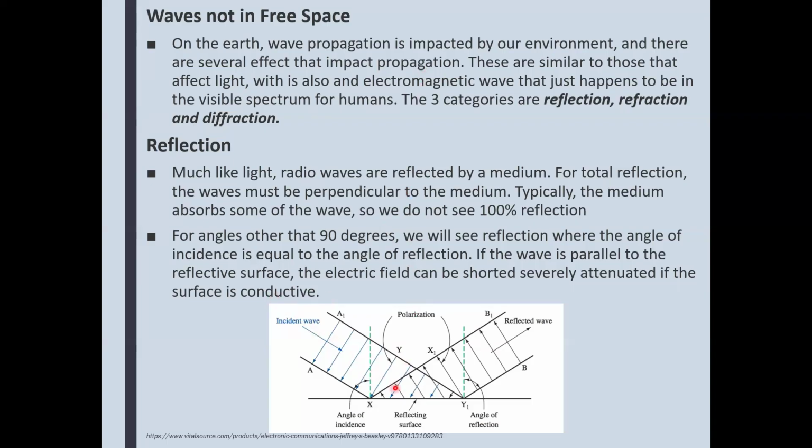If not, it's going to be reflected at an angle. Now, the total reflection mentioned here is not to be confused with the total internal reflection when we're talking about light traveling through fiber optics.